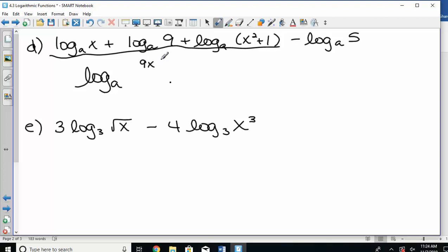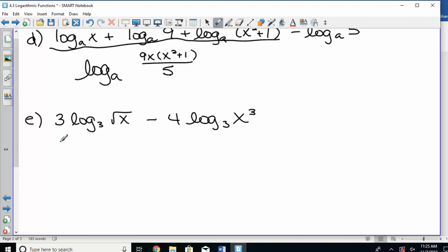So it'll give us a 9x times x squared plus 1 on the top, minus, so divided by the 5. You could distribute out the top if you wanted, 9x cubed plus 9x, that's fine, either way works for your answer.